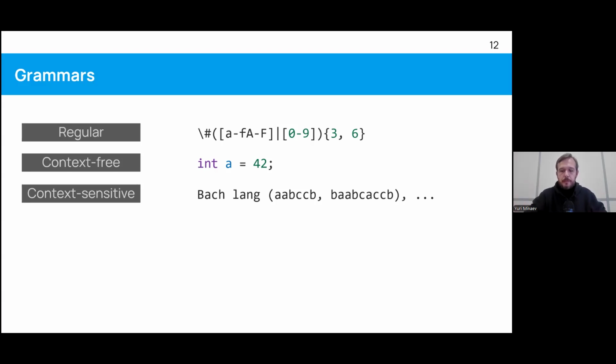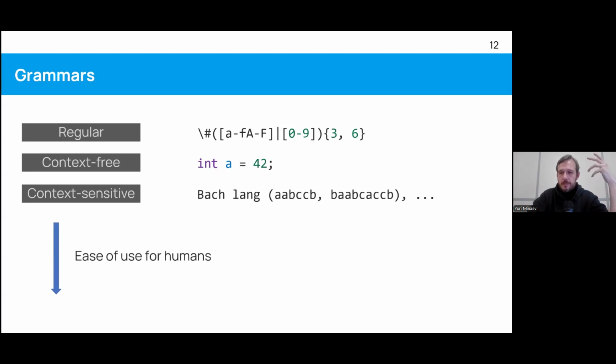And it so happens that the more complex the grammar is, the higher order it is, the easier it is for humans to use. It's like if you try dealing with regular expressions, you know how difficult they can be to understand and write.